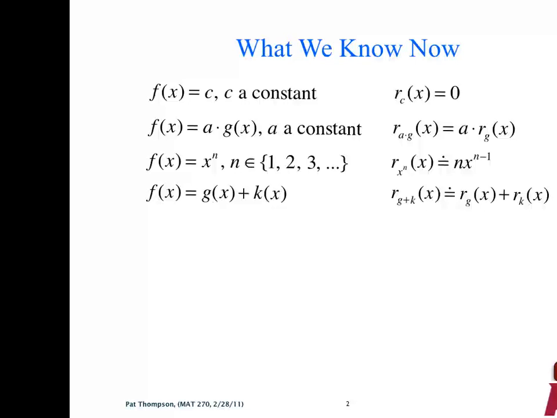All right, so here's the rules we have so far. A constant function, a constant times another function, x to the n, and the sum of functions. Okay, so this is the four rules we have so far.